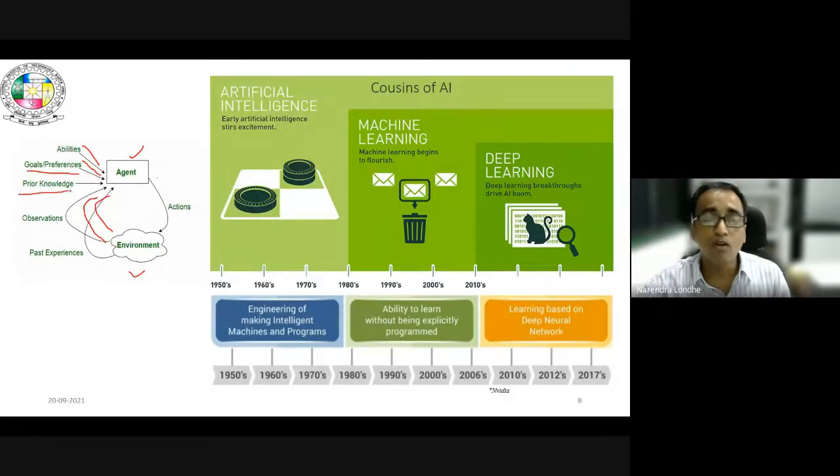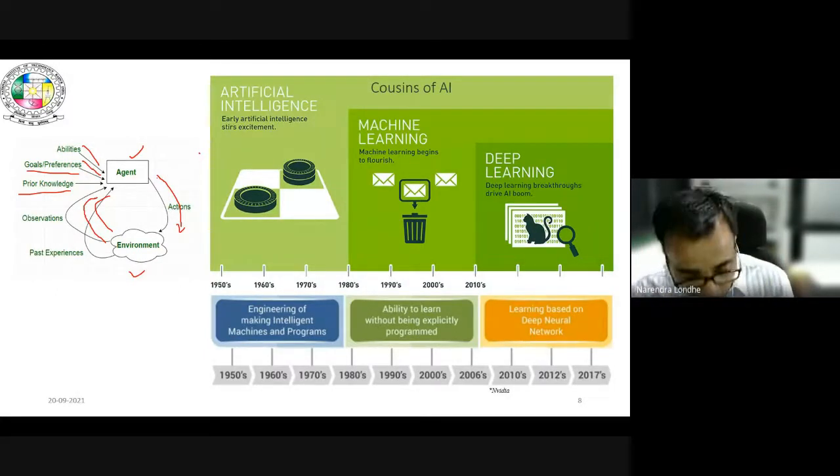So this is the prior knowledge. Prior knowledge you have to give as an input to the agent, and the agent will also have its own observations and past experiences. Based on the intelligence developed by that agent, it will take actions, and those actions will go to the environment, right? So this is how the total AI system works.